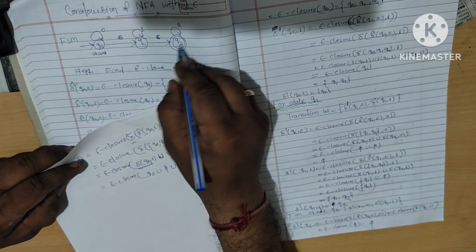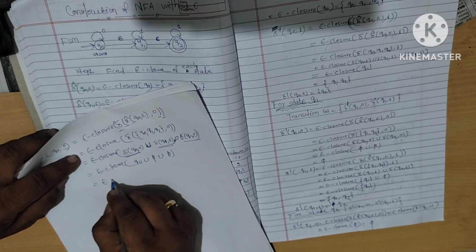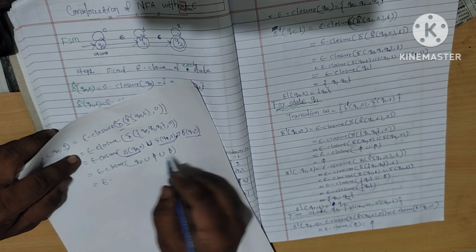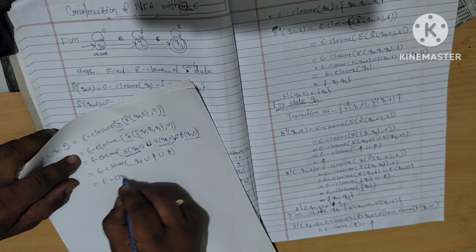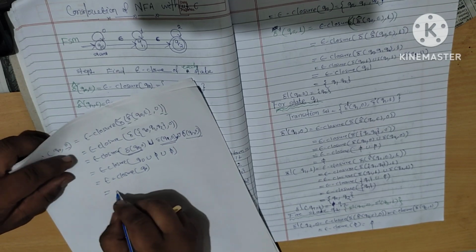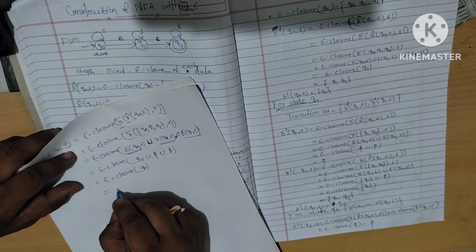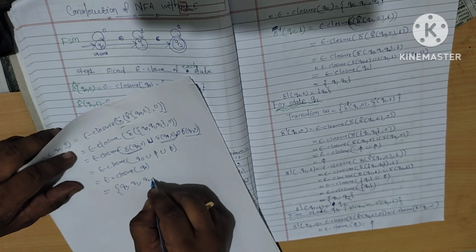Look at q2 on input 0, there is no 0 transition for this, so it is phi. All of you know that union with phi is the same as q0, so you can write epsilon closure of q0, that is equal to q0 comma q1 comma q2.